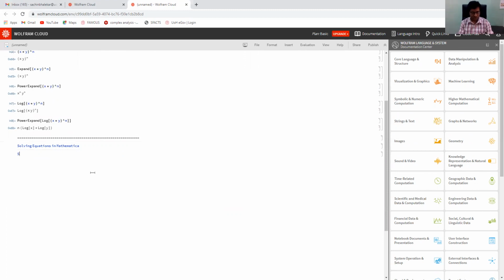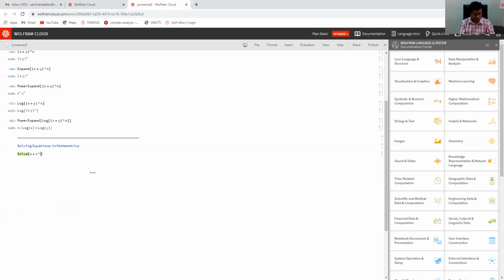Let us use Solve. We can have linear or non-linear algebraic equations. We can also solve system of equations. Let us consider a simple quadratic equation, the standard quadratic equation. It is a into x square. I'm using star for multiplication.